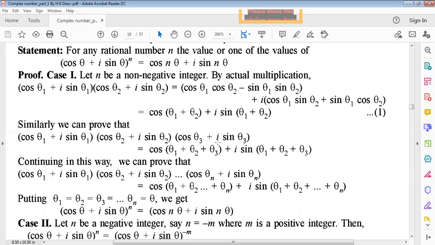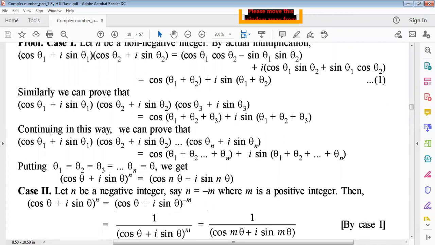Similarly, taking 3 terms, n equals 3: n equals 1 is the first complex number, n equals 2 the second complex number, and n equals 3 the third complex number. By a similar process, we can write cos of (theta 1 plus theta 2 plus theta 3), and similarly i sin of (theta 1 plus theta 2 plus theta 3), just increasing by theta 3. Continuing this process, we can prove it up to n terms.